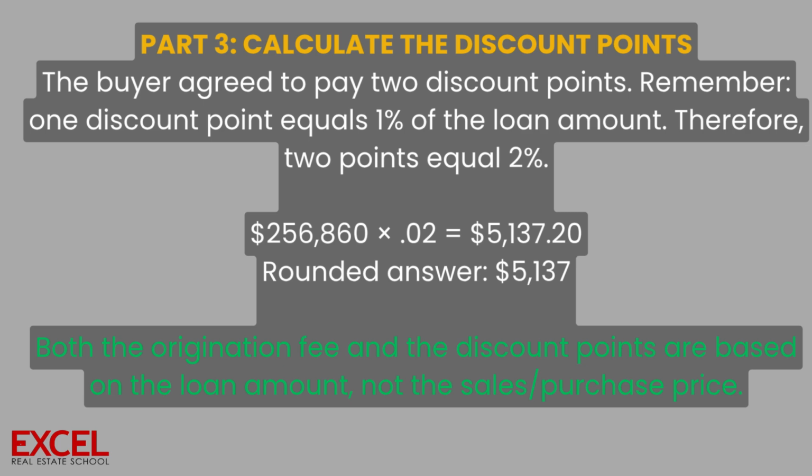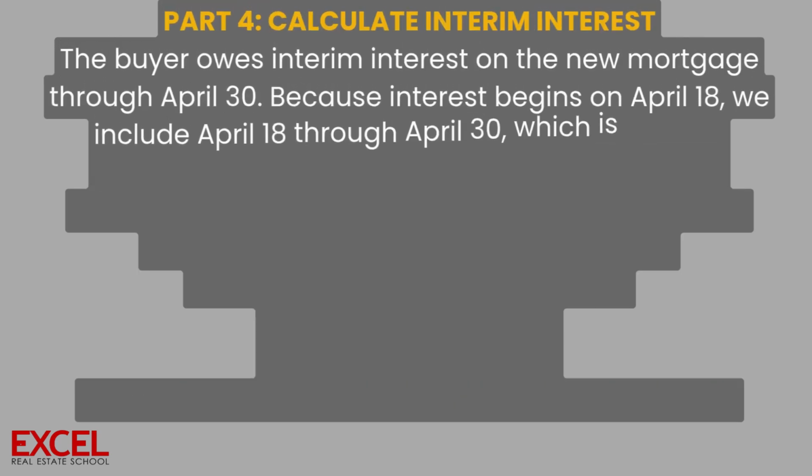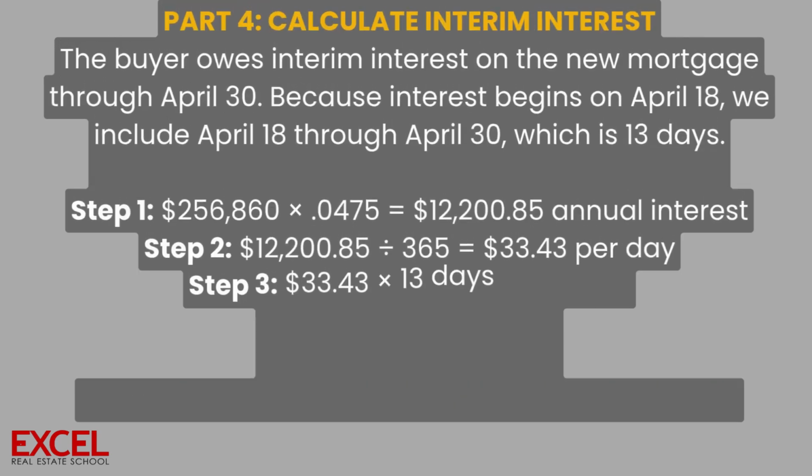That gives us $5,137.20. We're going to round down to $5,137. So a common exam mistake is calculating discount points from the sales price. Both the origination fee and the discount points are based on the loan amount, not the sales price. So now, part 4, let's calculate the interim interest.